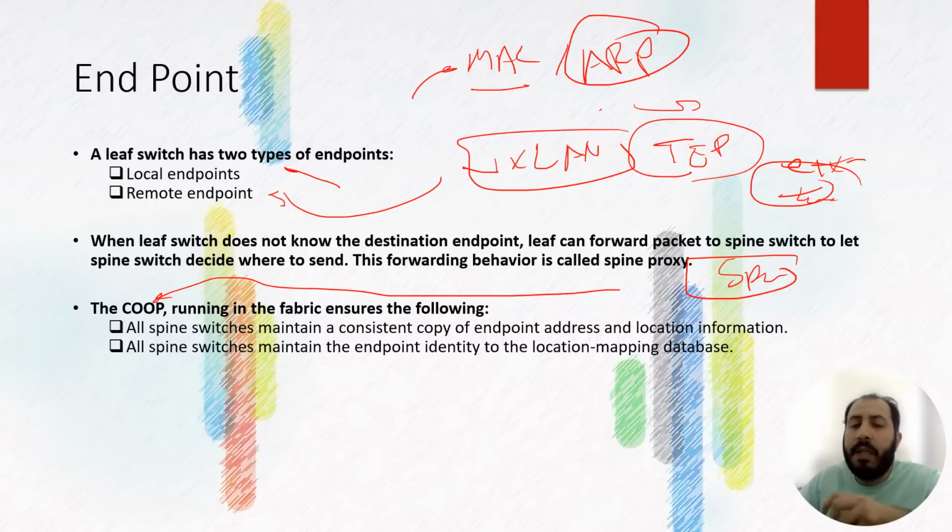In that fashion, the spine acts like a big database containing all the endpoint information, in order to make this information available for the leaves which do not know the destination endpoint information.